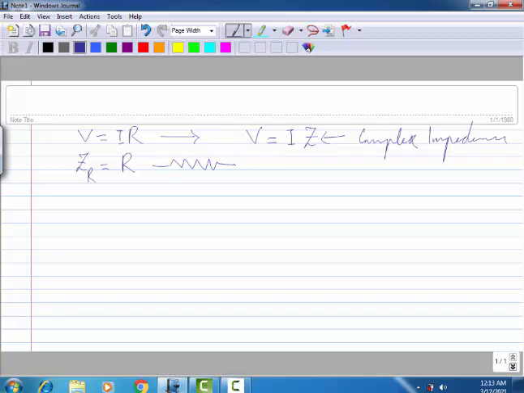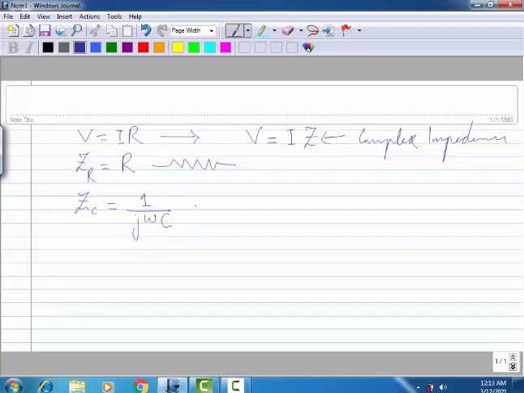Now, if we look at the complex resistance, the first one is the capacitance. For capacitance we have 1 over j omega C, where j is for the complex number.